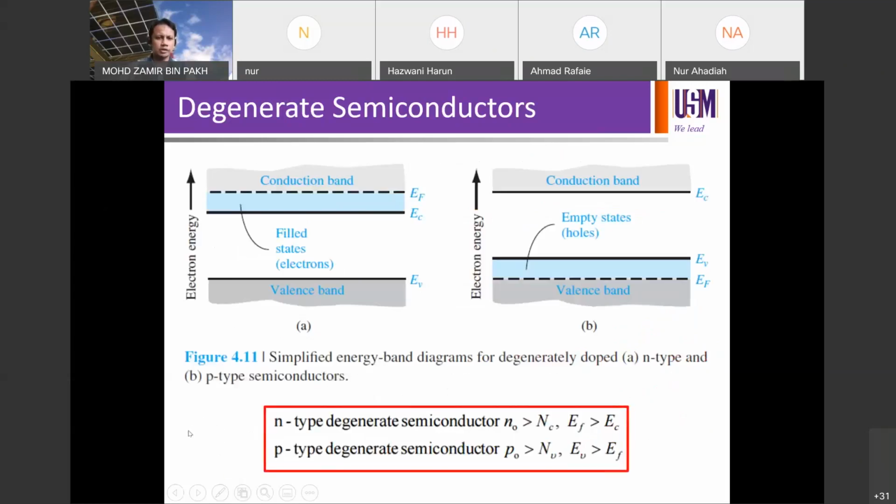Okay, let's look at this. The left hand side is the n-type and the right hand side is the p-type. See the position of your EC and EV. Now what happens to the EF at this point? Is it below EC or above EV?